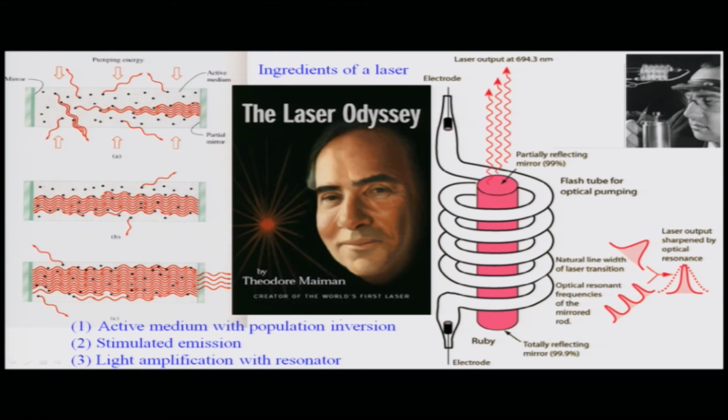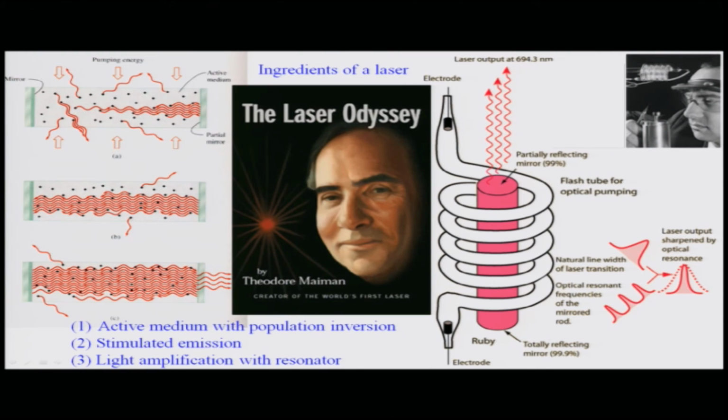And so, it took him a lot of effort to go through the process of providing the principle that it can happen, and he was able to use the idea of amplification with the resonator, which gave rise to the lasing output at 694.3 nanometers. So, this is the basic principle.